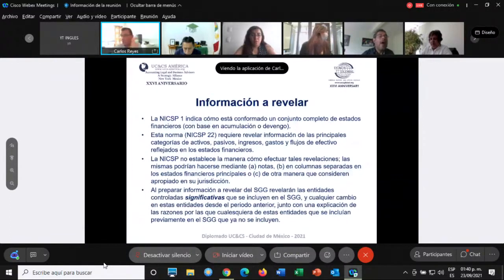NICSPs are not setting how to make these disclosures. They do not indicate how to make disclosures, so you can choose to use notes or separate rows or columns, or as the jurisdiction may deem convenient.